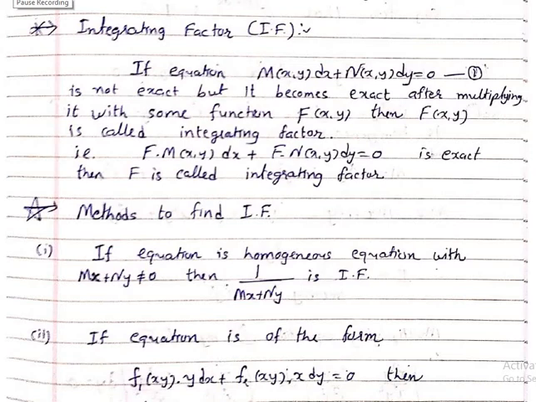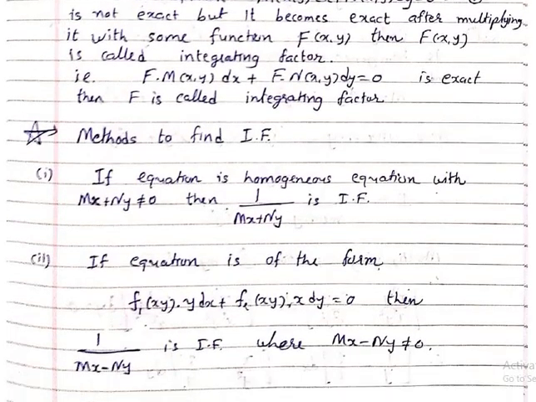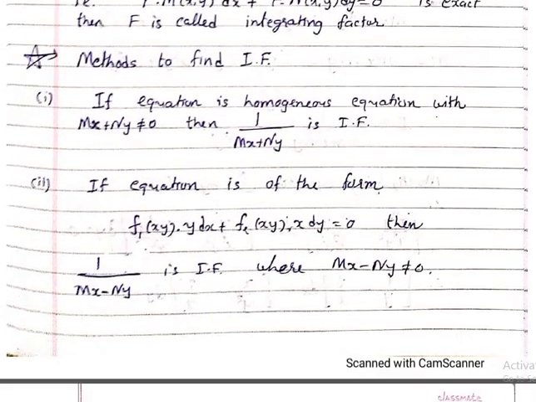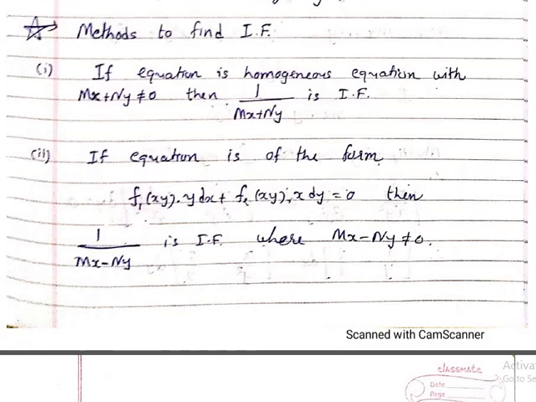See, there are 4 cases to find the integrating factors. First one, if the given equation is homogeneous. Now, a homogeneous equation can be solved by a simple method also, but this is the method of exactness. The homogeneous equation can be solved with exactness also if Mx plus Ny is not equal to 0.